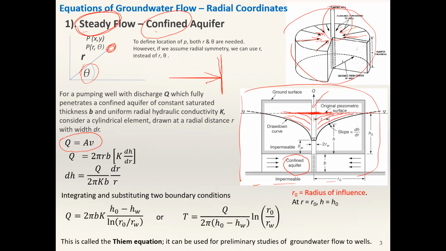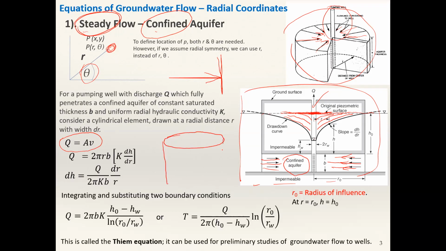Water is coming from all directions like this to this well. So at any point, if you consider the water flow rate to this well, what is the cross section that you should consider? It is like this. Think about it as a cylinder.